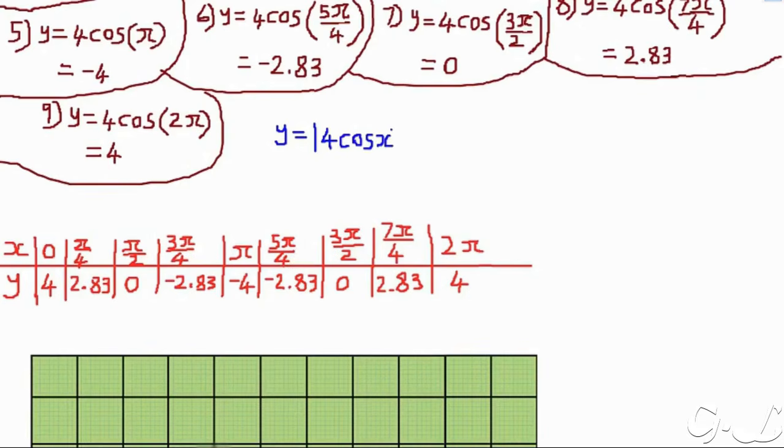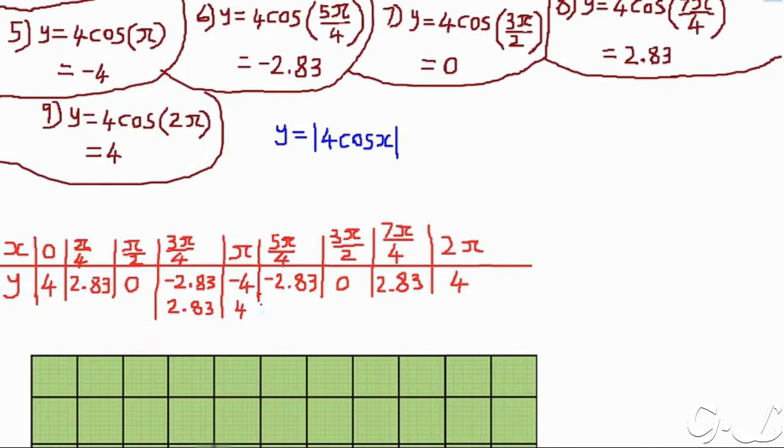Now we are given that we have to sketch y is equal to the modulus of 4 cos x. What we need to note is that those which are negative, like negative 2.83, negative 4, negative 2.83, have to form a mirror image such that they change to positive.